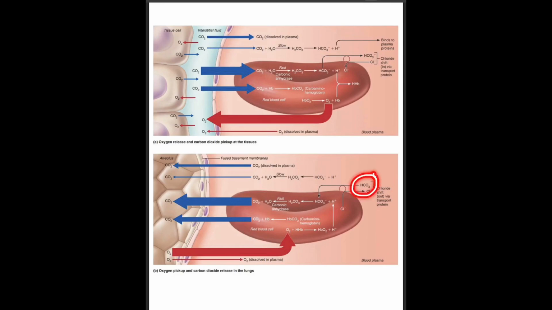This bicarbonate, with the help of protein band 3, will move inside. So the process is in reverse. Whenever bicarbonate moves inside, chloride ion will move outside. In interstitial tissue, when bicarbonate moved outside, the chloride ion moved inside with water, but in the lungs the bicarbonate will move inside.